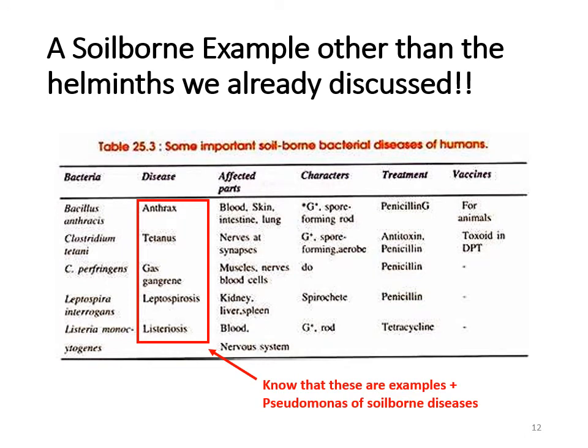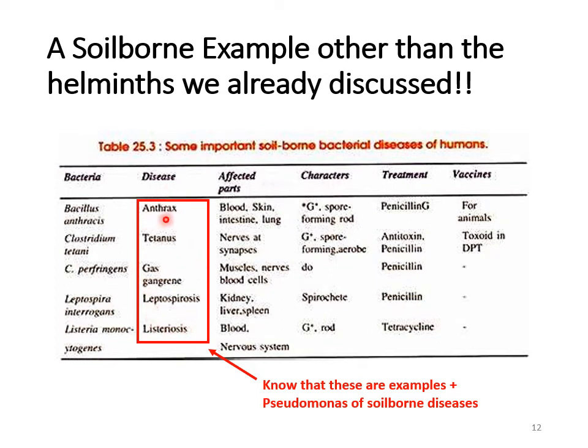Now we're going to go into some soil-borne examples. This time we are going to be focusing on bacteria, whereas previously we focused on helminths as being a lot of the soil-borne examples of infections. Now I want you to notice the disease names that I put in this red highlighted rectangle.